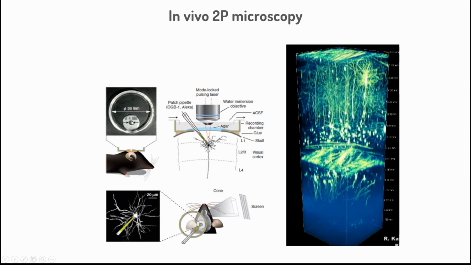In this case they use a ring, we use a different device, but it's similar, it serves the same purpose: it will fix the head of the mouse to the objective, and you will have a still image of, for example, a neuron, and you can image very deep here. This is a transgenic mouse, it's not a virus or GCaMP or whatever, but you can go very deep, even up to layer 4 or 5, okay?